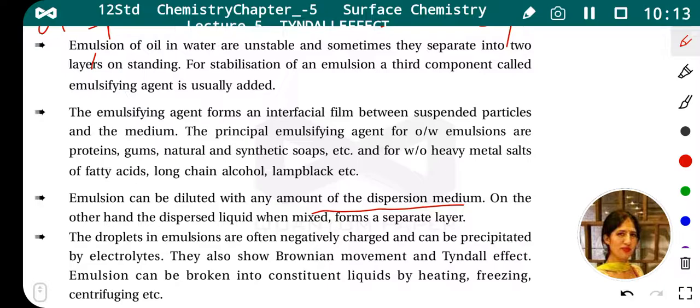The droplets in an emulsion are often negatively charged and can be precipitated by electrolytes. They also show Brownian movement and Tyndall effect. Even emulsions can be broken into constituent liquids by heating, freezing and centrifugation. Hope it is clear to you.